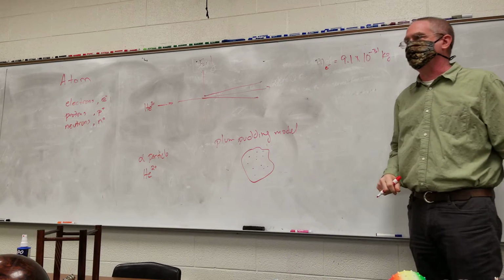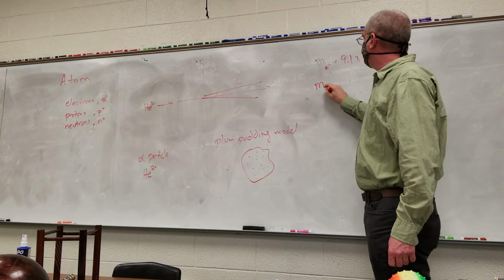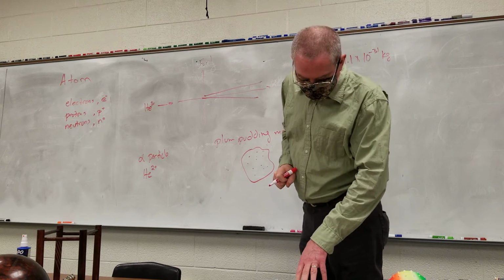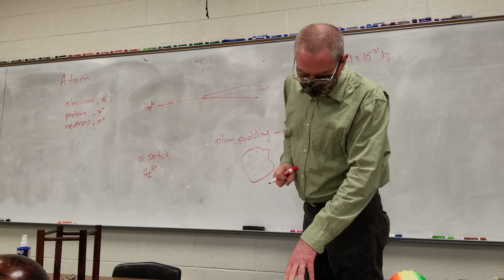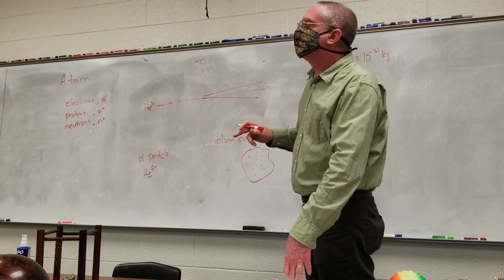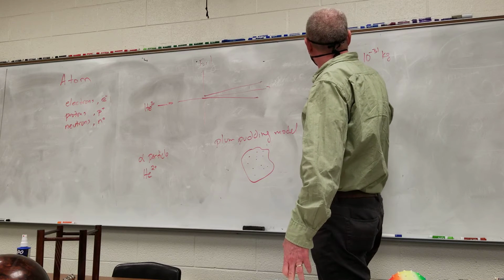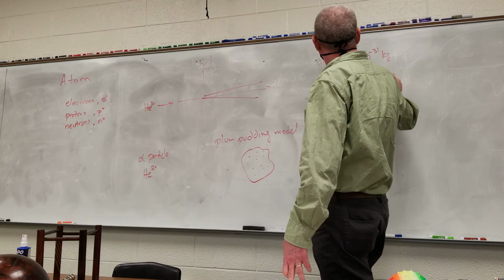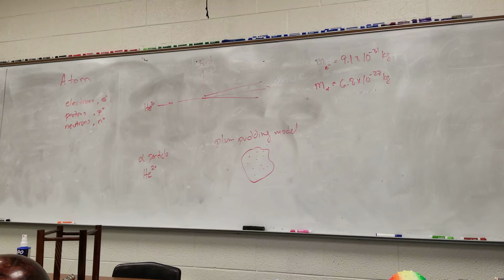The mass of the alpha particle is about roughly 6.8 times 10 to the negative 27 kilograms. So it's almost 10,000 times more massive.